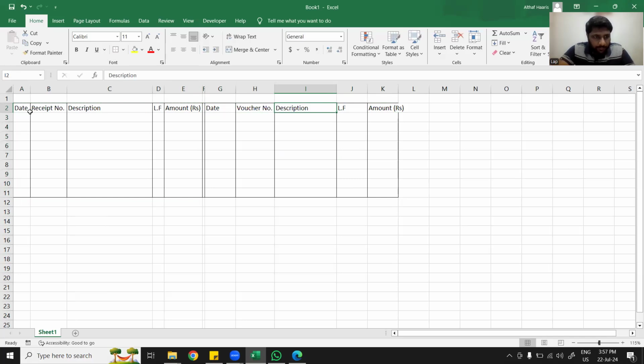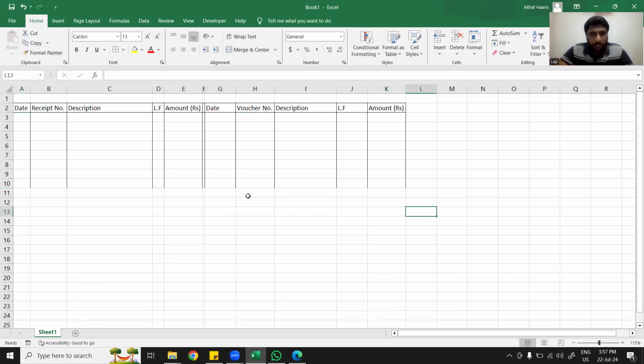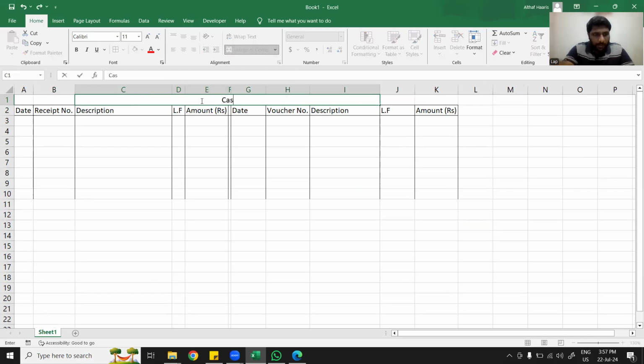Wait, people. Cash book. If not, you can call it the cash account also, because it is acting as both, no? Cash book or cash account.